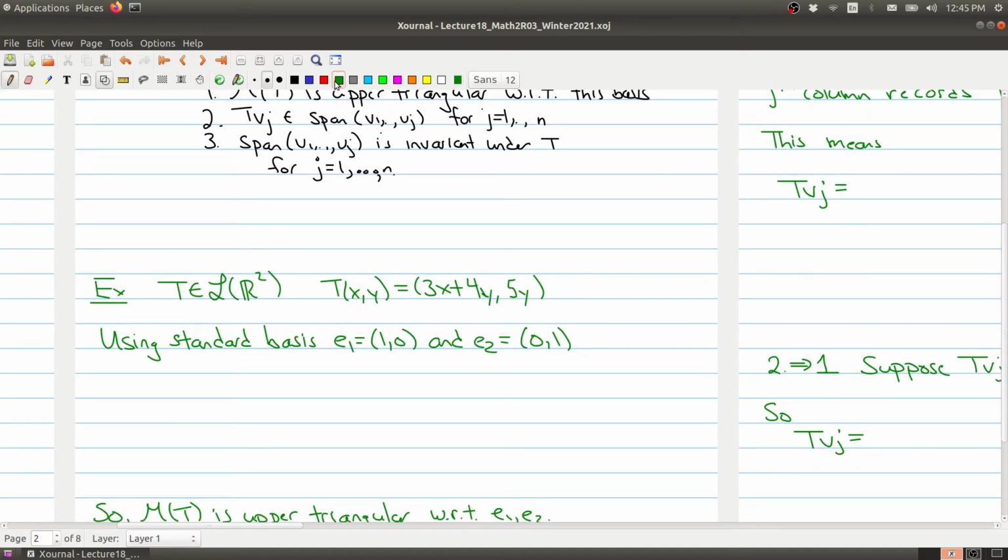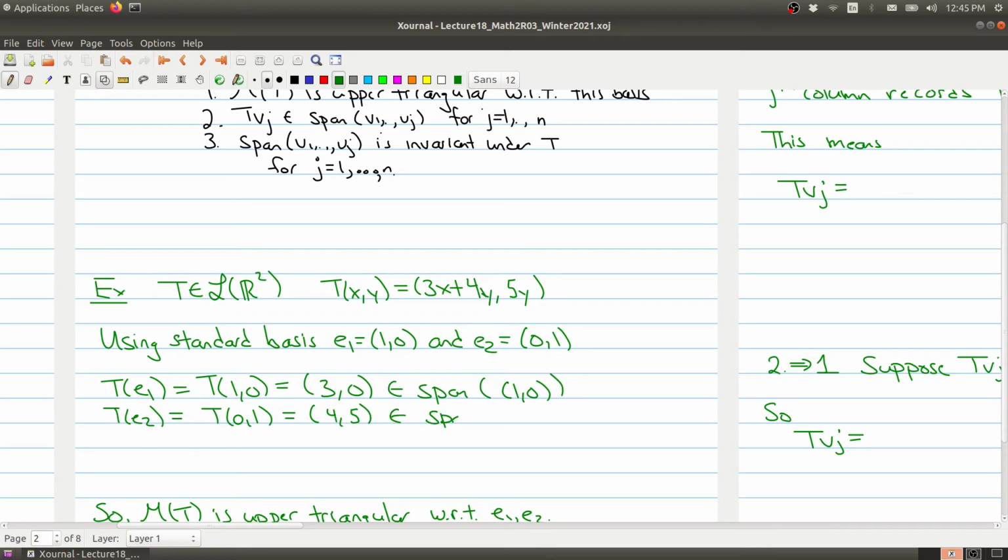When we look at T of e1, that's T of (1, 0), we get (3, 0), and that's definitely in the span of the vector (1, 0). If we look at T of e2, which is what we get when we plug (0, 1) into my function, I end up with (4, 5), and that is in the span of (1, 0) and (0, 1).